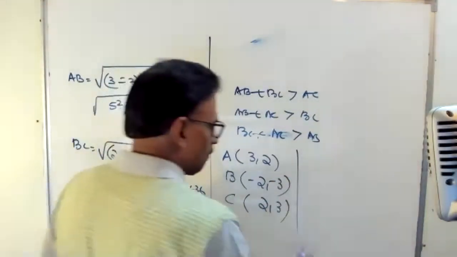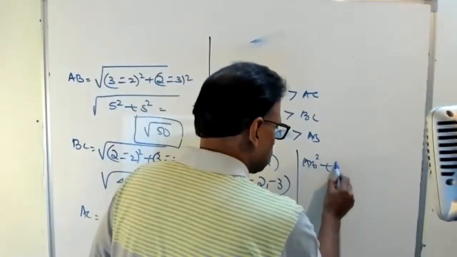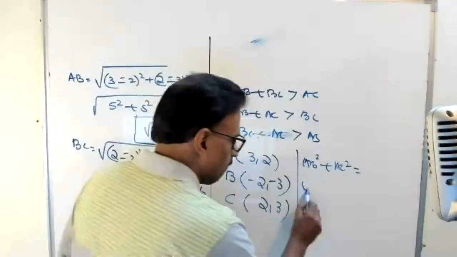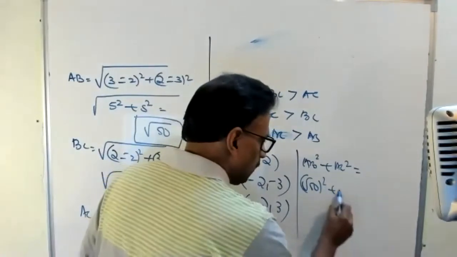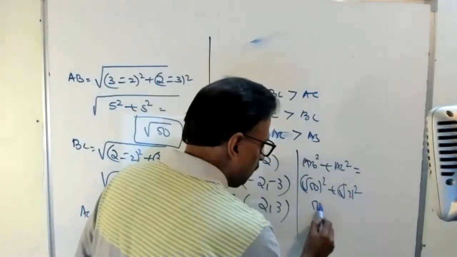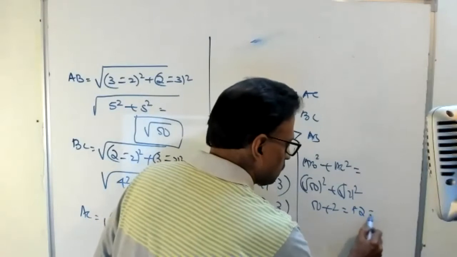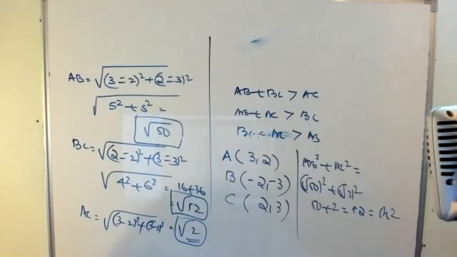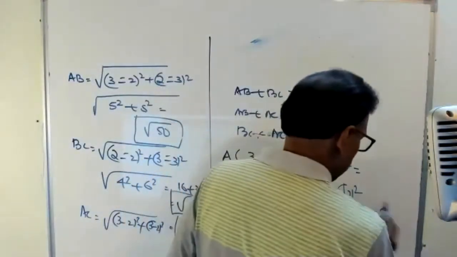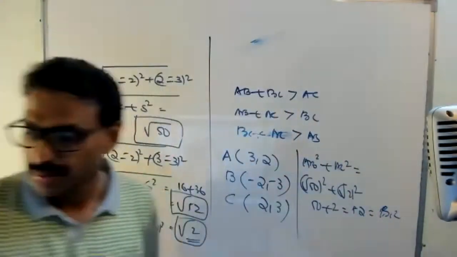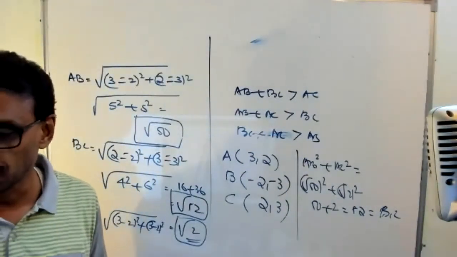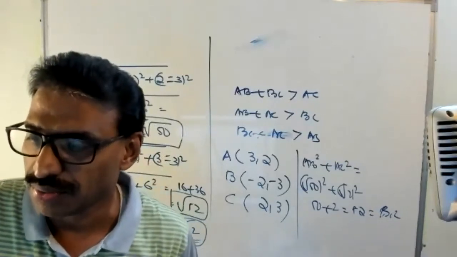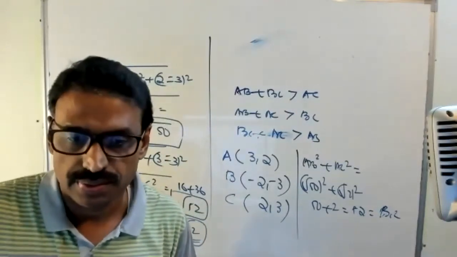AB square plus AC square equals root of 50 whole square plus root of 2 whole square. 50 plus 2 equals 52, which is equal to BC square. So what is it? A right angle triangle. Correct or no?